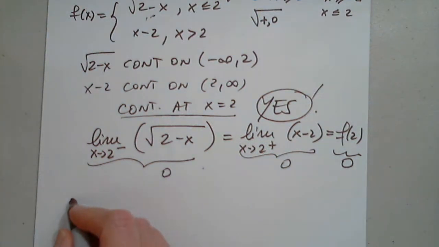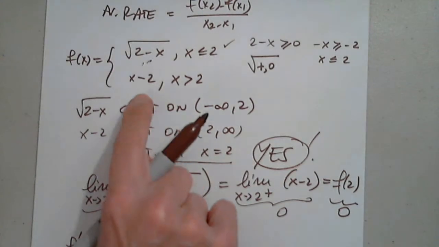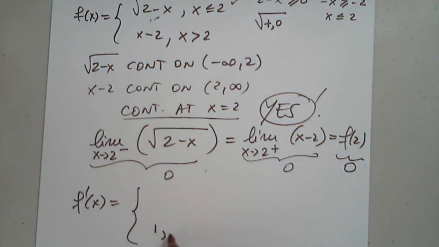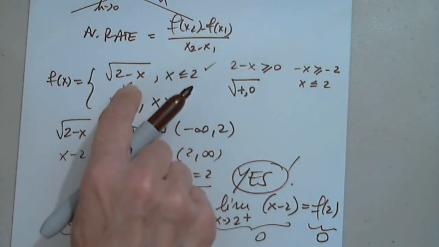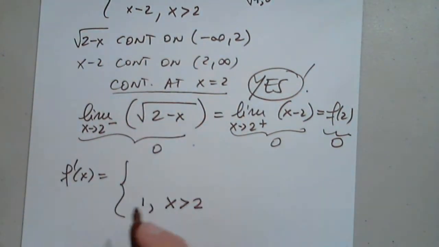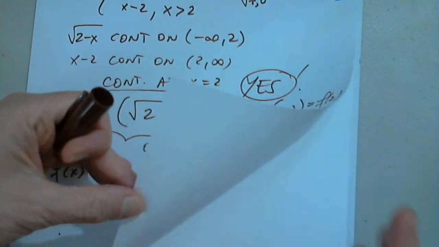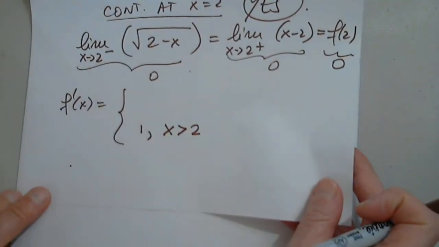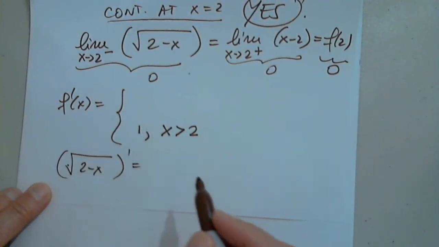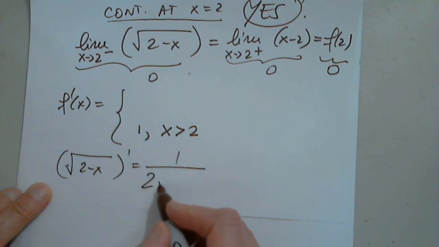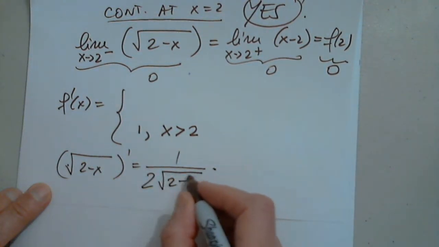Now the question is, f prime of x. I will differentiate this because it's very easy, it's 1 for x greater than 2. I will differentiate this. Remember, we have a formula for that. So the square root of a function: the derivative of the square root of 2 minus x is 1 over 2 the square root of 2 minus x, multiplied by the inner function prime.